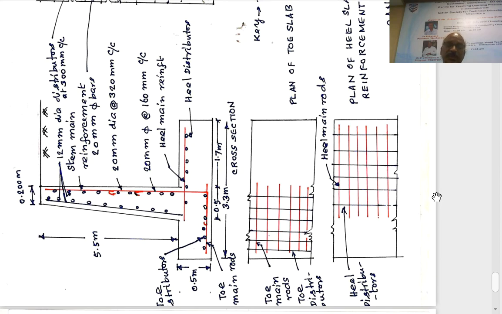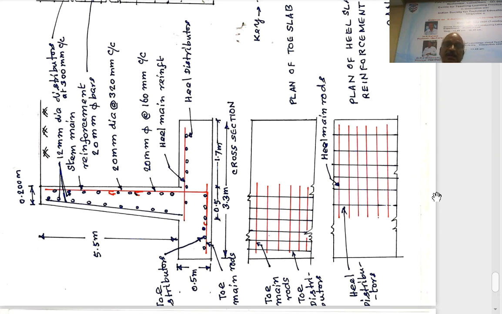Coming to the toe slab, the main bars will appear as lines in the plan, and distributors will appear as dots. In the plan, we are going to consider 1 meter length of the wall. Therefore, in the longitudinal direction, you have to extend the reinforcement end to end. But in the plan, on the left hand side, you have to give cover, as we have given in the figure.